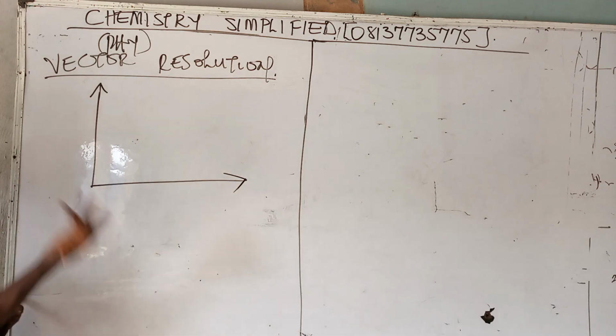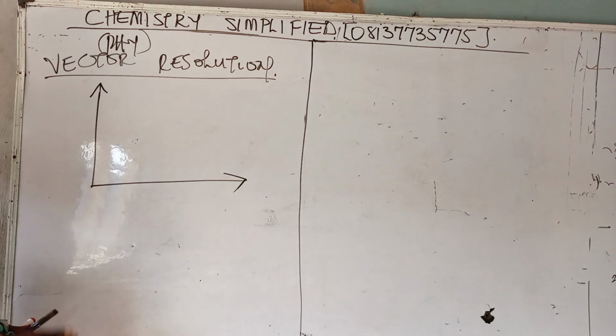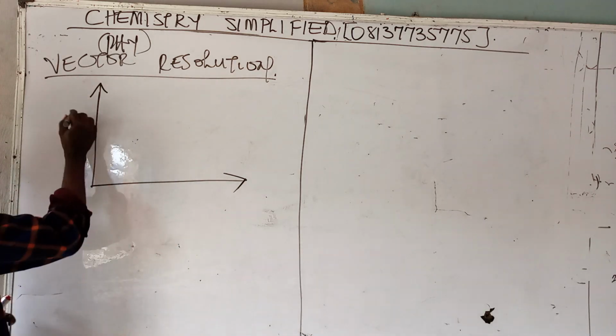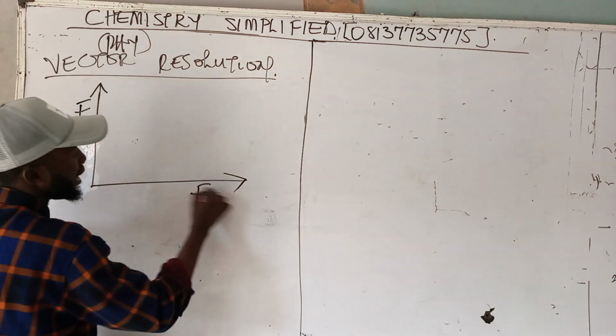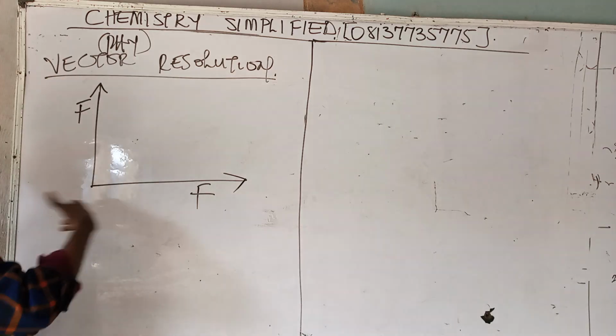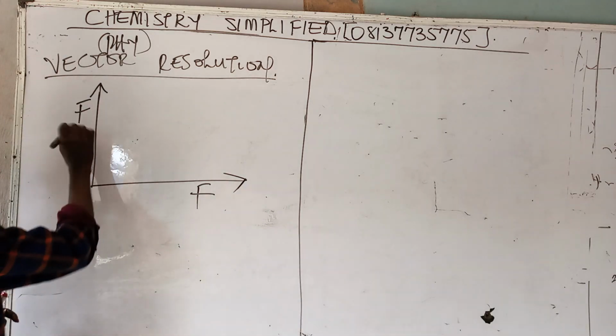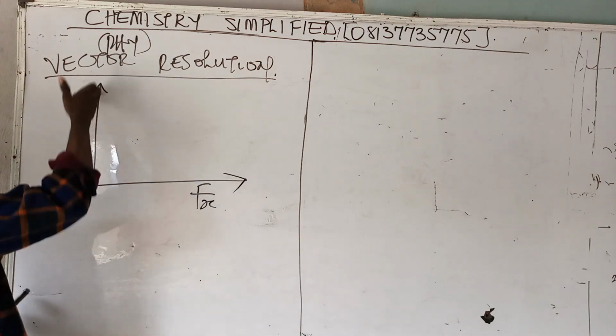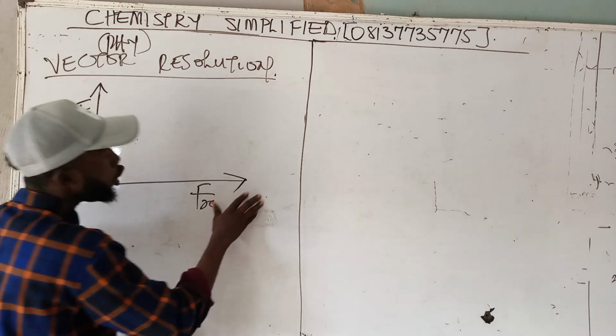You don't have to resolve this vertically because it's vertical already, and we don't have to resolve this horizontally because it's horizontal already. Let's assume this is a force, and this is another force. Don't forget that the vertical in our graph is always the y-axis and the x-axis is the horizontal line. So we call this Fy and we call this Fx. This is our vertical component and this is our horizontal component.